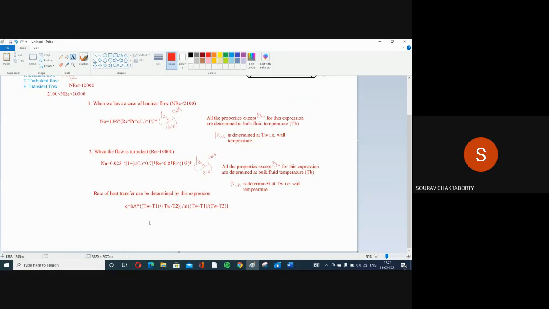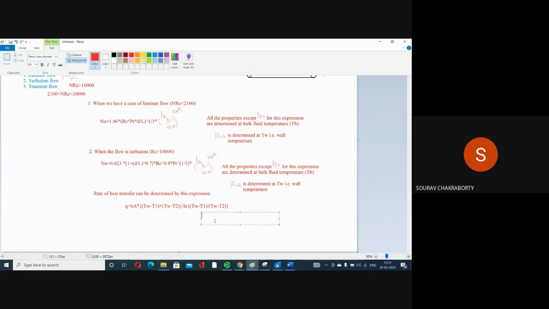Here T1 and T2 are the temperature of the fluid at inlet and outlet of the pipe.